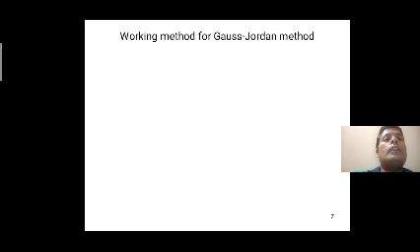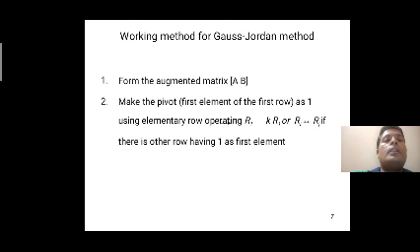Now we go to the working method for the Gauss-Jordan method. In this, the first step, from the augmented matrix we have to write. Make the pivot, the first element of the first row, as 1 using elementary row operations R1 to kR1, or interchanging Ri and Rj if there is another row having 1 as the first element.